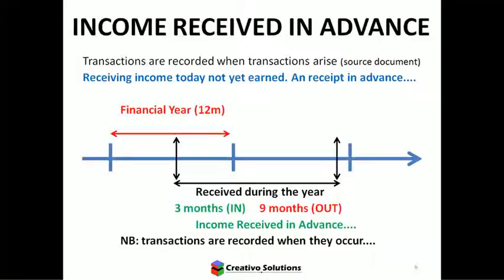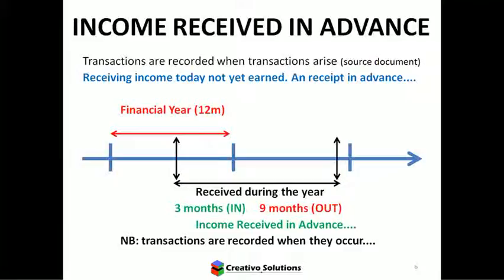Any income that's outside the financial year would be viewed as income received in advance. You've received it during the financial year, but it relates to the future. So the 9 months of income that I've received today during the financial year that I've recorded is only going to be earned in the future.